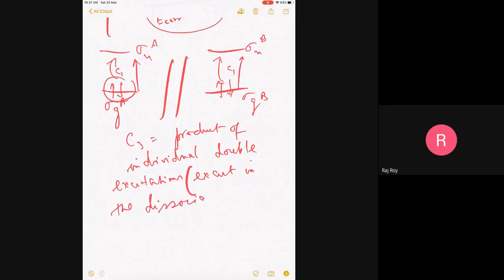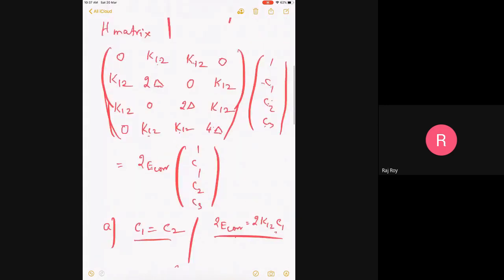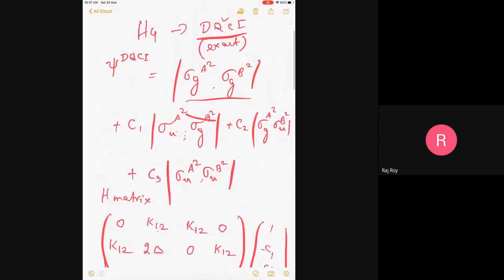So in the dissociation limit, this quadruple excited configuration that I wrote, C3, is actually nothing but C1 into C2 or C1 square. So everything can be written in one parameter, C square, right? For this four-body problem.